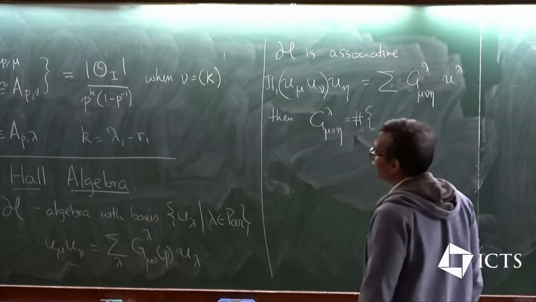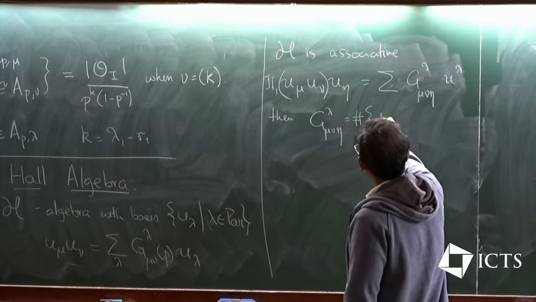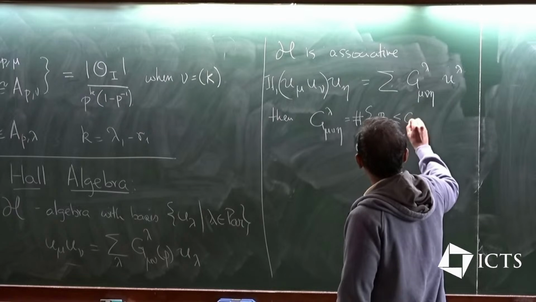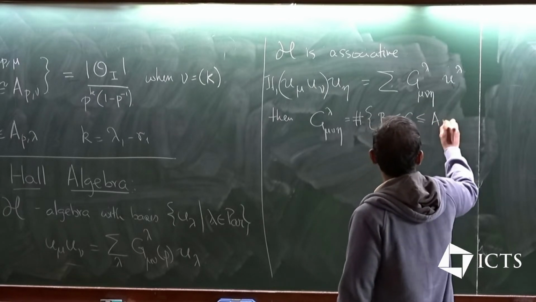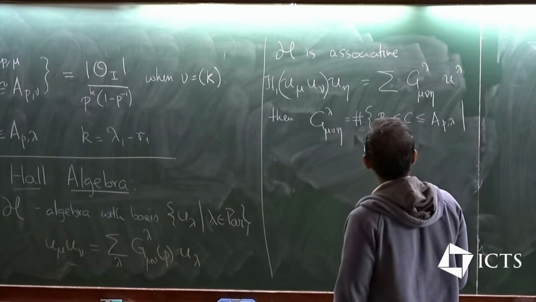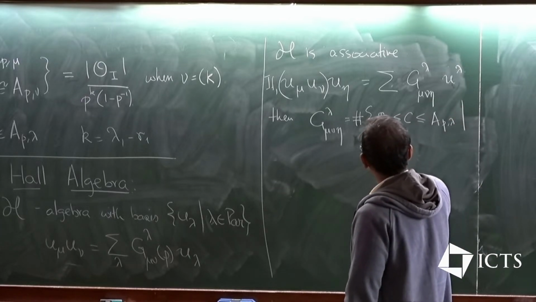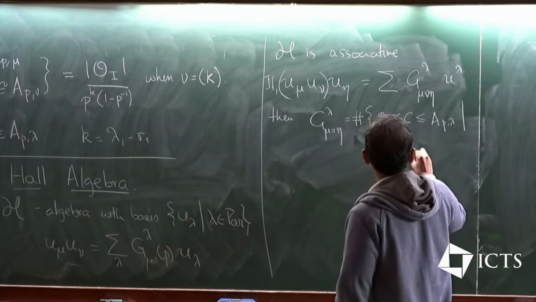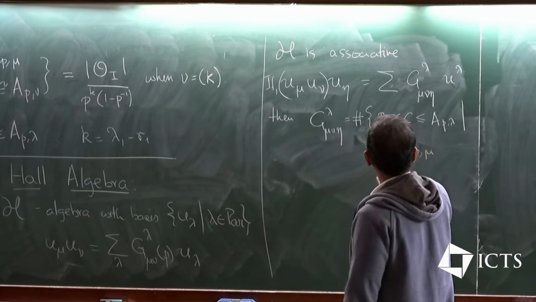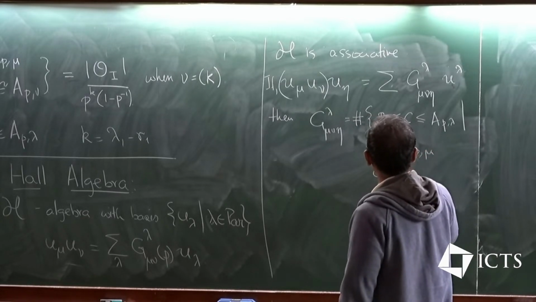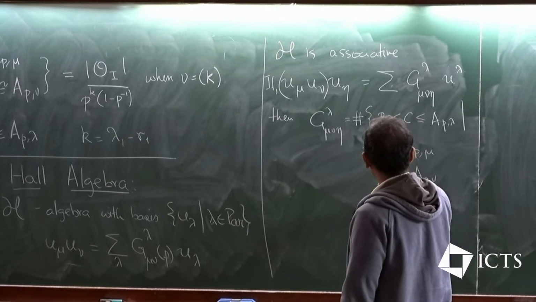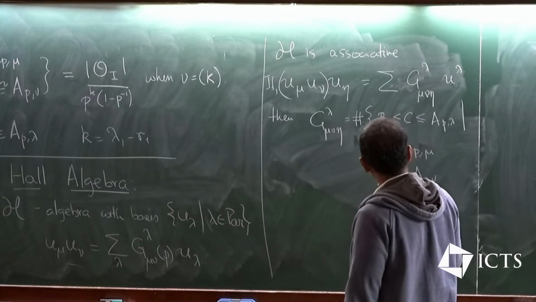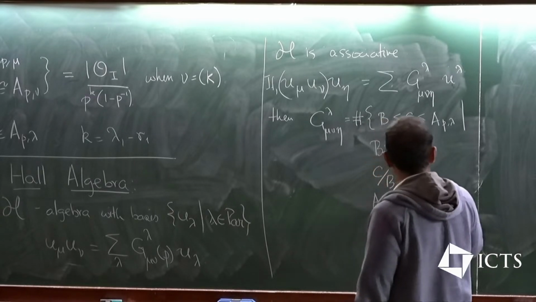So you have B less than or equal to C, subgroup of C contained in AP lambda, such that firstly B is of type AP mu, C mod B is of type AP nu, and AP lambda mod C is of type AP eta.